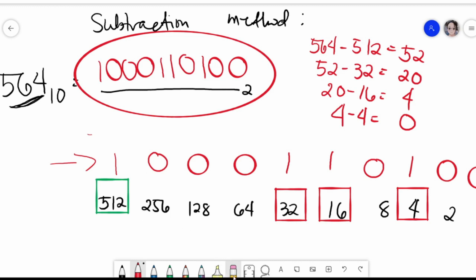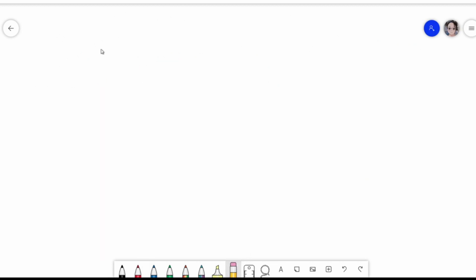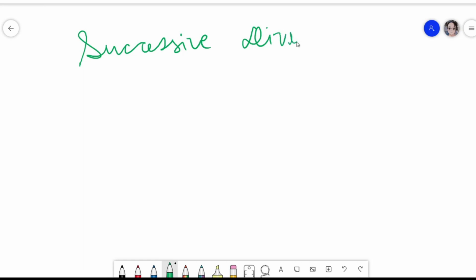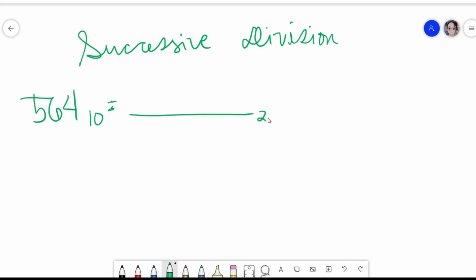Okay? Ato i-check kung sakto ba yung answer. Okay, let's have successive division. Okay, so atong value, atong given is 564. Okay, so decimal of 10, base of 10, and 2.